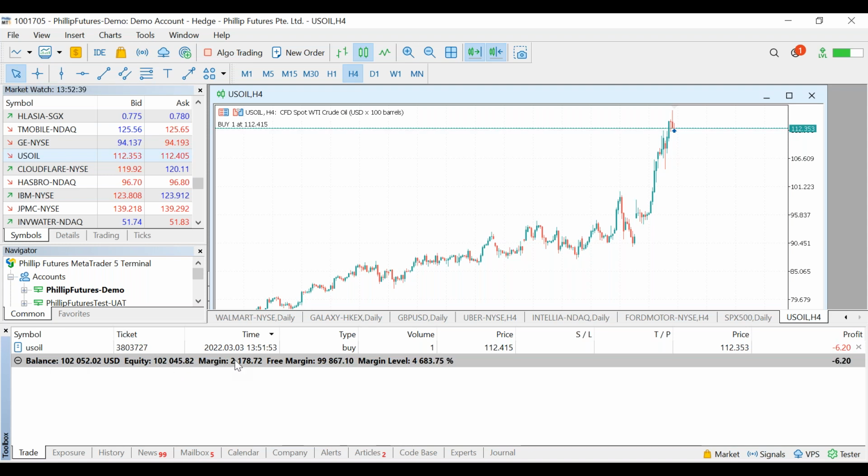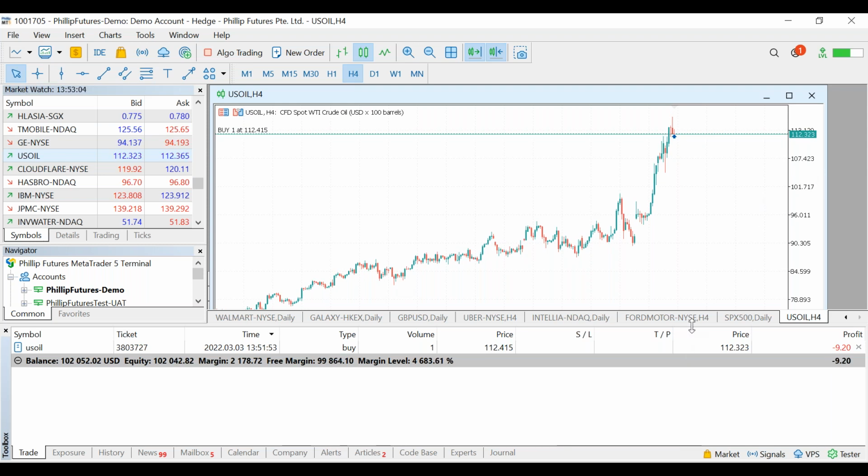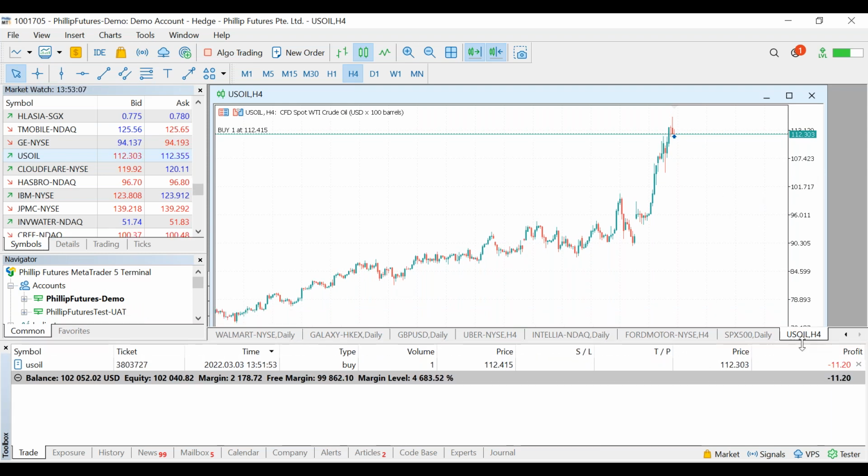Moving on, the margin is the margin that you have placed into this trade. The free margin is the margin that you are free to place for other trades. So you have this much amount to play with, but we don't want this to become too low, because when your actual equity starts dipping below the maintenance margin, you receive a margin call and you'll be at risk of forced liquidation, should there be a very quick or adverse movement in price.